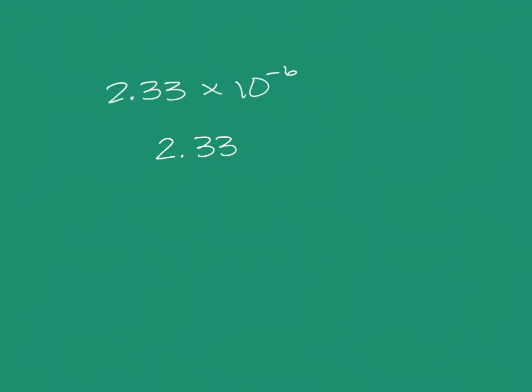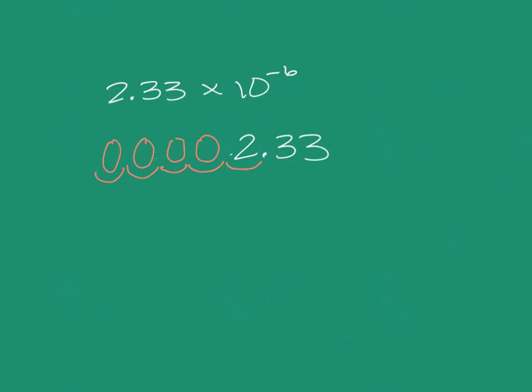I'm going to give some room because I'm going to need room on the other side. If they moved it over this way 6 spots, to undo what they did I need to move it 6 spots back. So here I go. 1, I need to create another spot. 2, I need to create another spot. 3, 4, 5, 6. There it is.